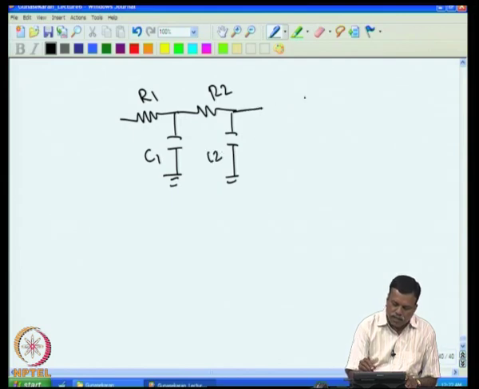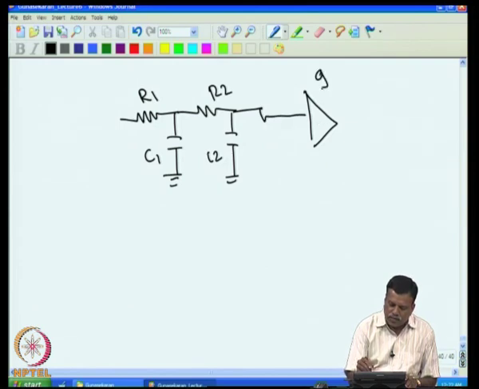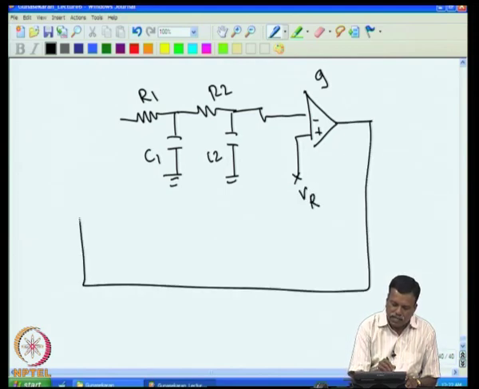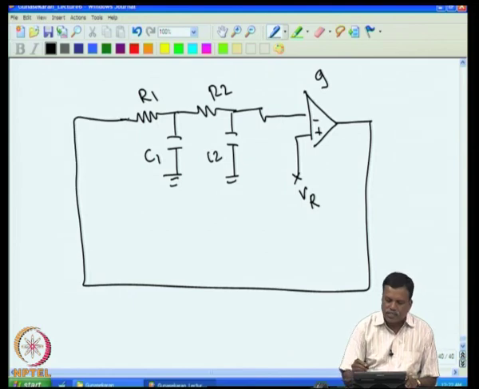Now, I put here the system with some gain G, with the reference V reference. This is where we want to set the temperature, and this I give back to this. Consider a system like this.